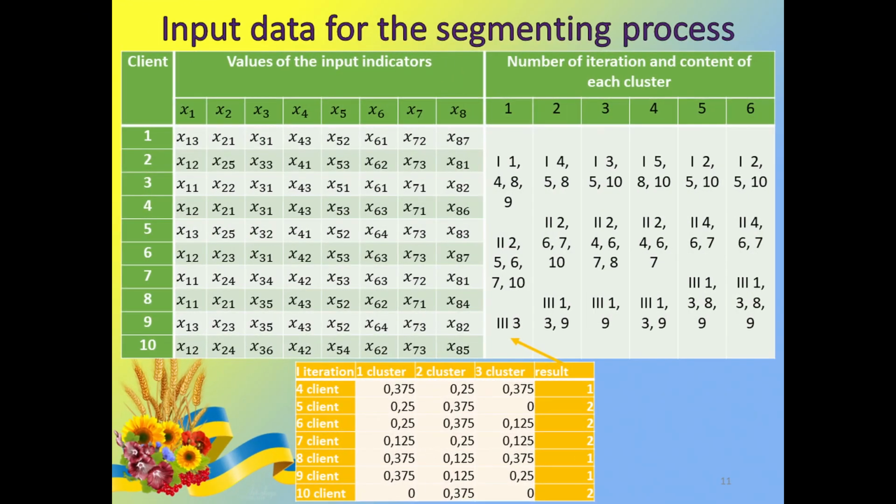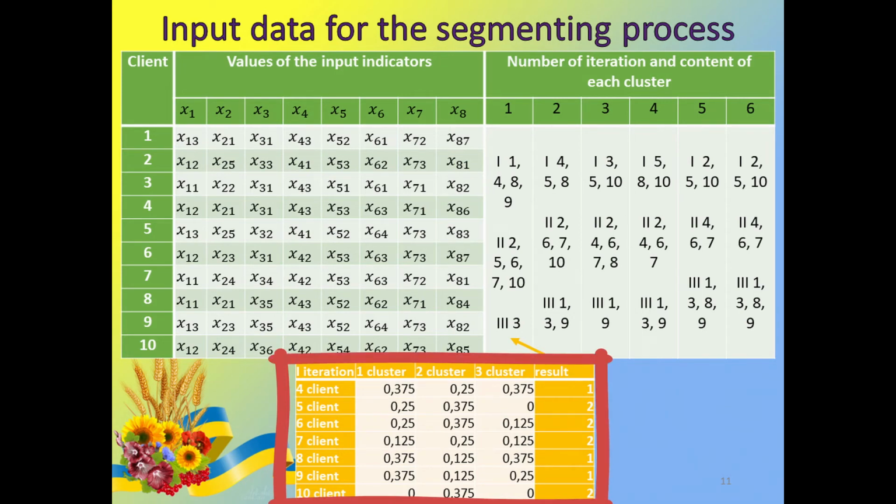The snippet of input data for 10 potential clients and the result of resolving the segmentation task is presented in the table. These clients were chosen as initial centers for 3 clusters. A result of using the K-means clustering method at the first stage is the set of values of the similarity measure between the chosen clients and others.